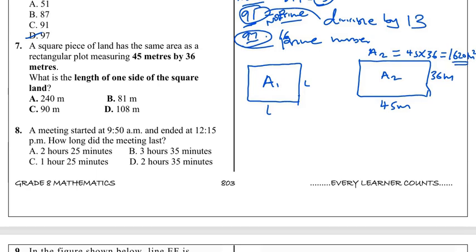And as we have been told, A1 is equal to A2. And now, how do we get area of a square? It is L squared should equal to 1620. A1 should equal to 1620.